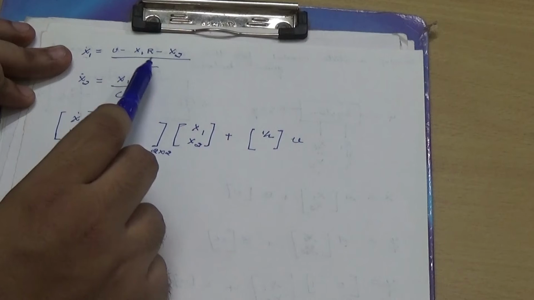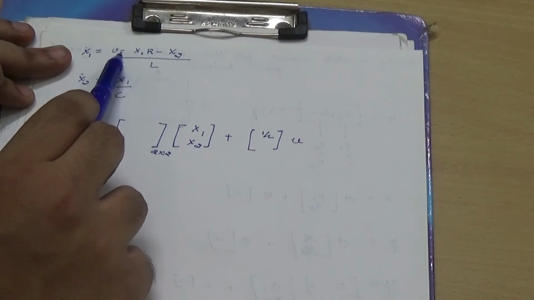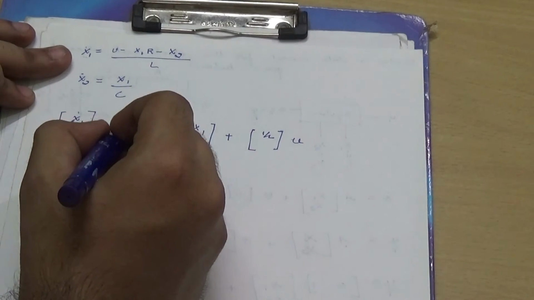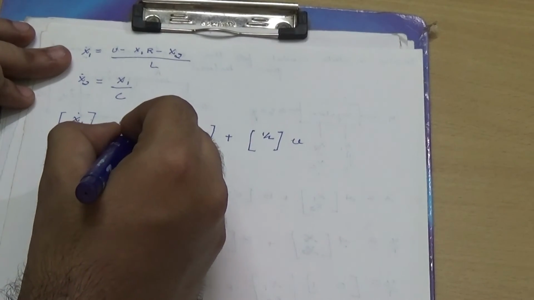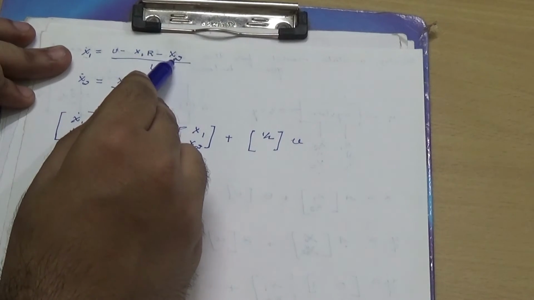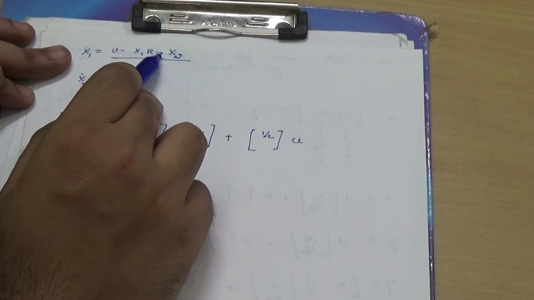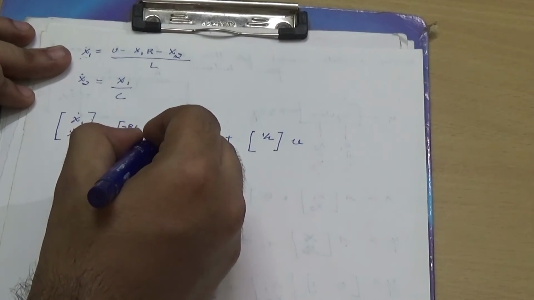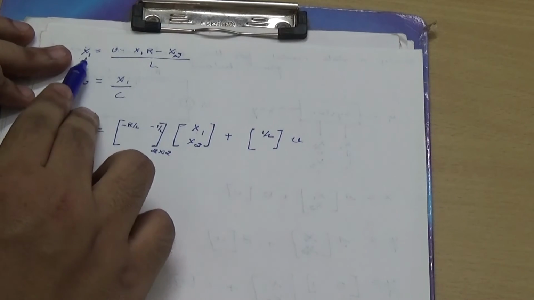Next, x1 as a state variable has the coefficient minus R by L, so I put minus R by L, and the x1 dot expression has x2 with a coefficient minus 1 by L. So I write minus 1 by L over here, so that when you multiply you get back this expression.